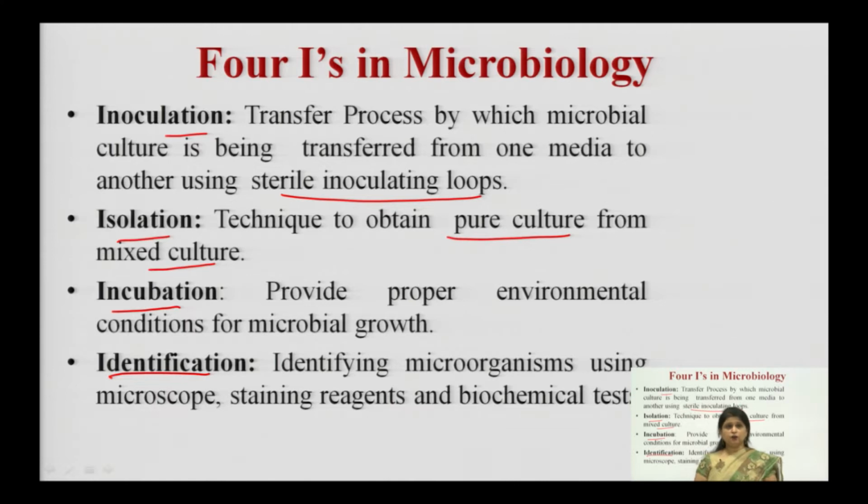There will be Staphylococcus aureus, E. coli, and Salmonella species. So mixed cultures are cultures in which a number of microorganisms are present. For isolation we need techniques to take out a single species from the mixed culture, so that pure cultures can be developed in the lab.